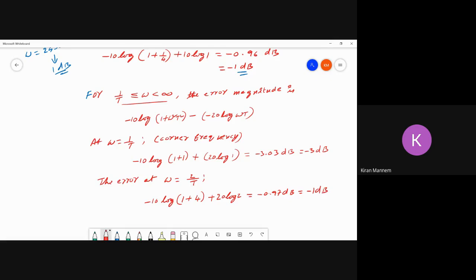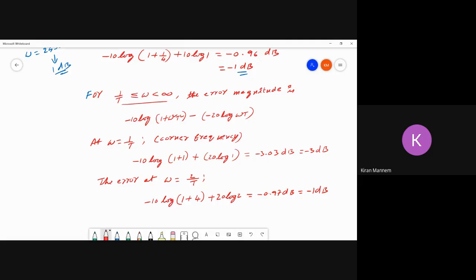Okay. So this is how you can find the errors in the basic factor of type 1 by 1 plus j omega t. So what does it mean? Whenever you have this type of basic factor, you will get two asymptotes or two straight lines which meet at the corner frequency, omega equal to 1 by t, and there is some correction factor.